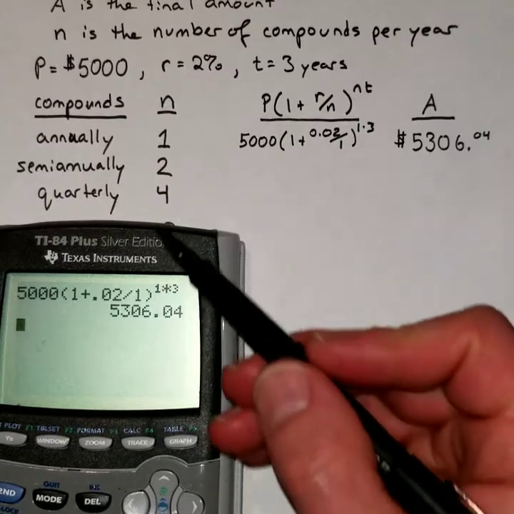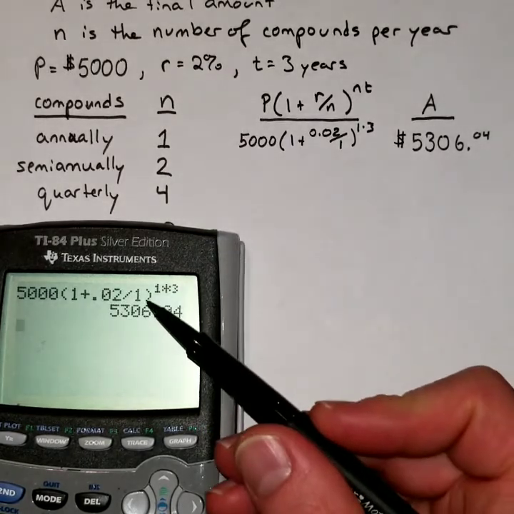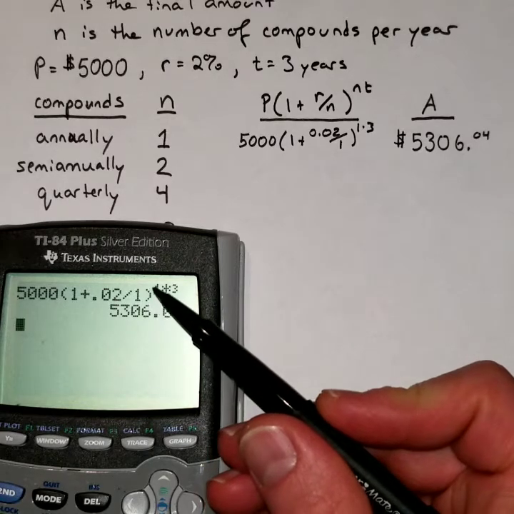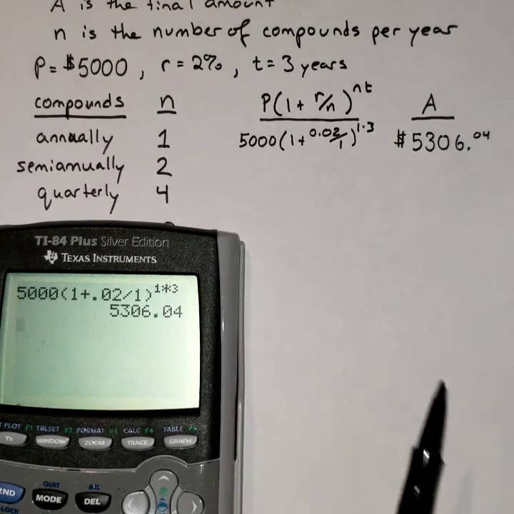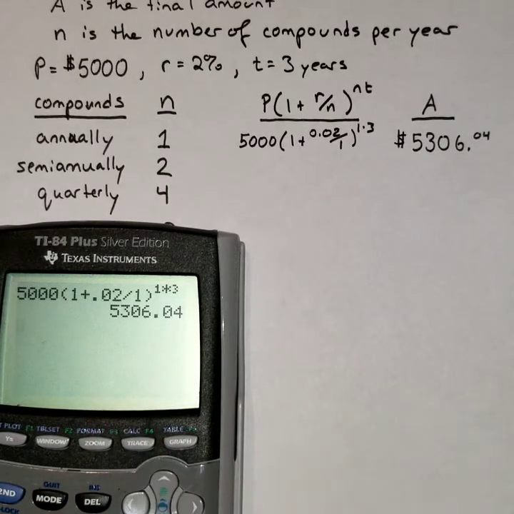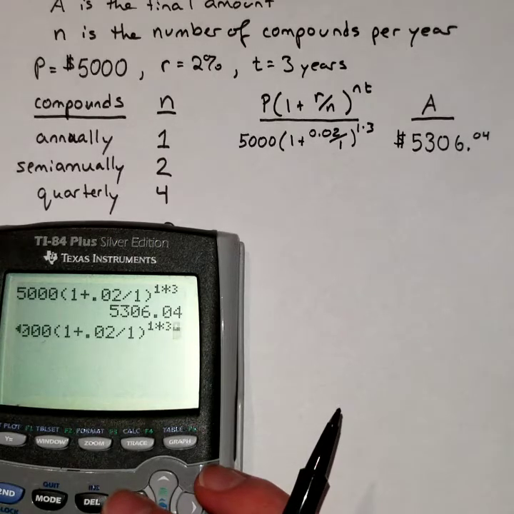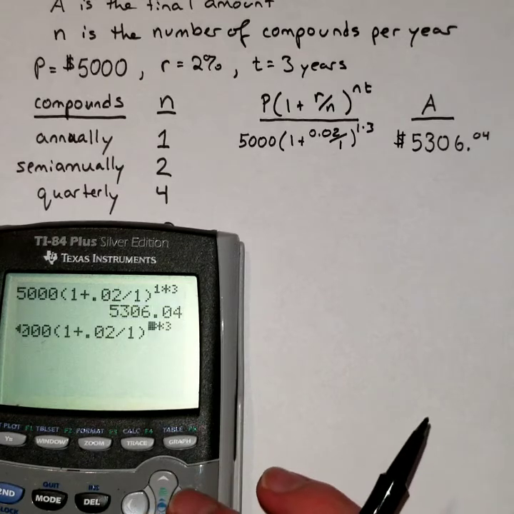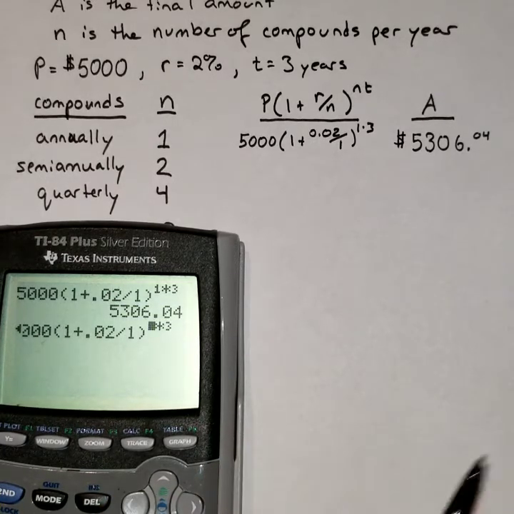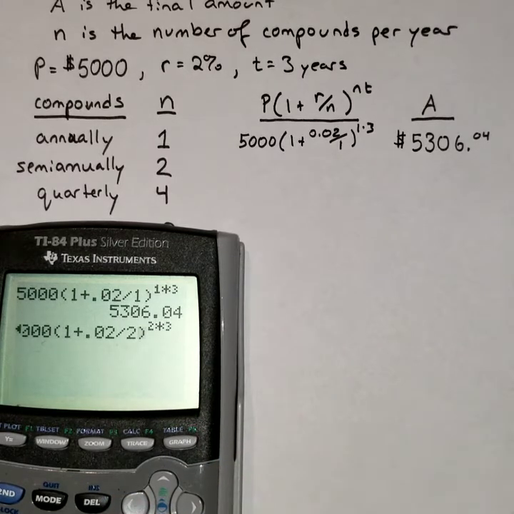Now if I change that to semi-annually, that's an N value of 2, then on the calculator we switch this 1 and this 1 both to 2's. Now to do that, if you hit the second button and then the enter button, it will copy and paste the last calculation you made. And then you can go back and change those 1's to 2's rather than trying to type the whole thing in.